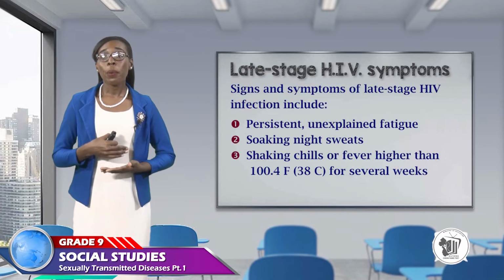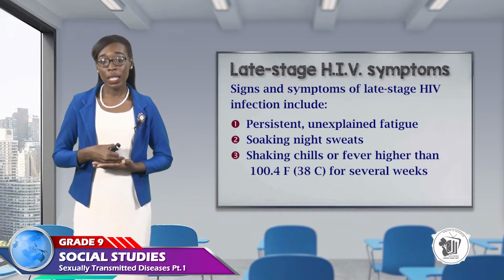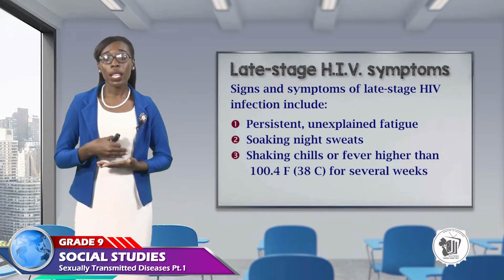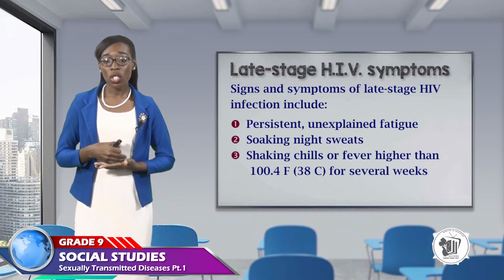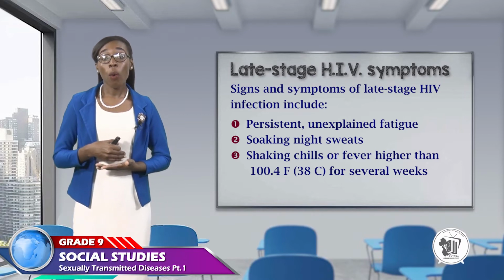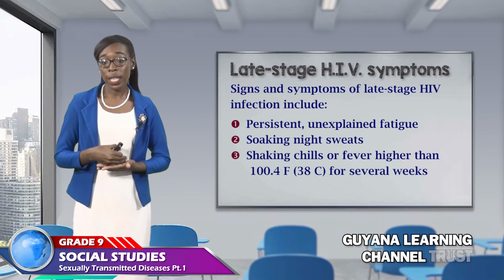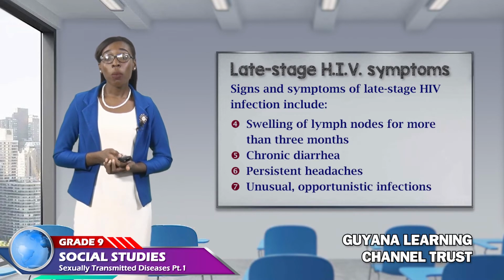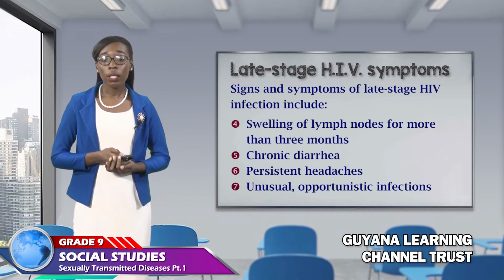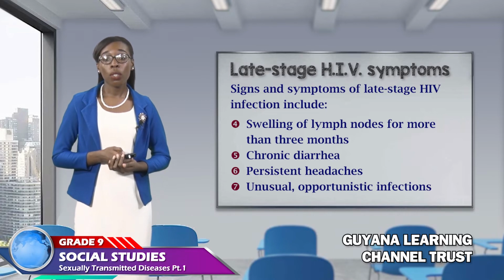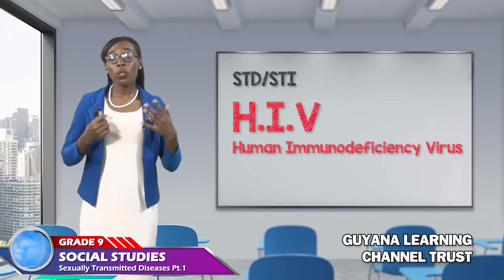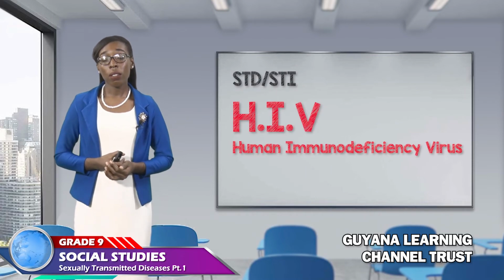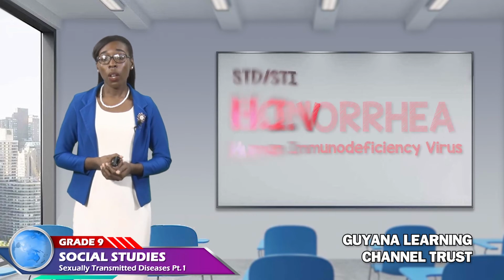Those include persistent unexplained fatigue, soaking night sweats, shaking chills or fever higher than 100.4 degrees Fahrenheit or 38 degrees Celsius for several weeks, swelling of the lymph nodes for more than 3 months, chronic diarrhea, persistent headaches, and unusual or opportunistic infections.